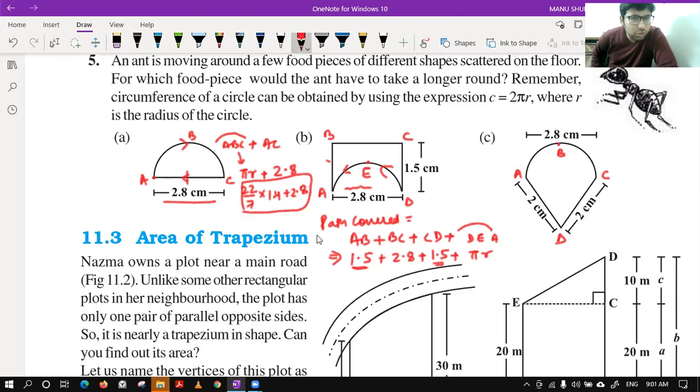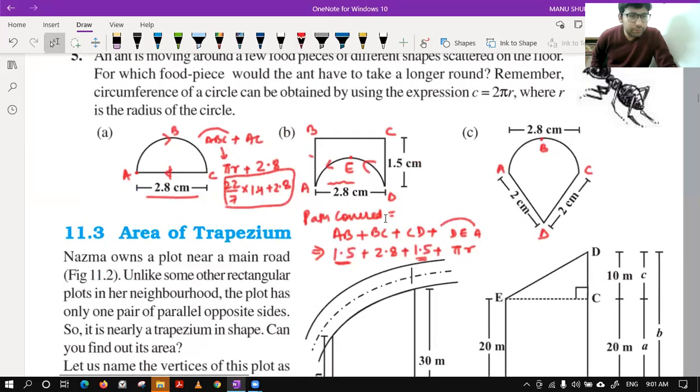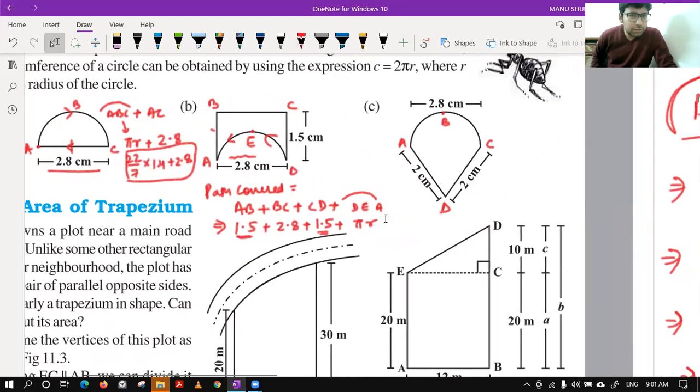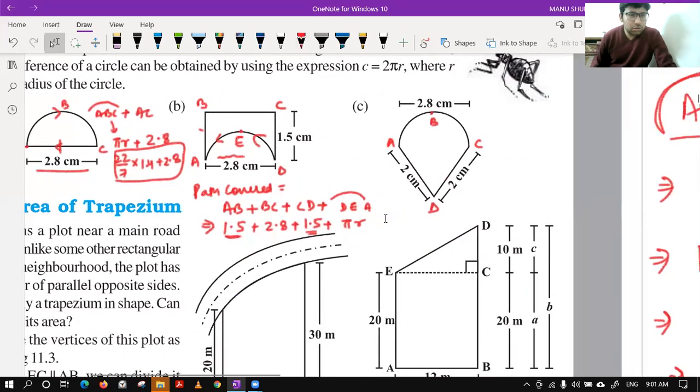It was doubt of Harshul. Harshul, please confirm. Can you solve this on your own? Harshul, it was your doubt only. Please confirm. Okay. Same thing is here also.